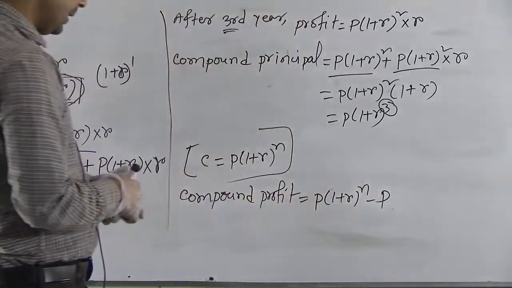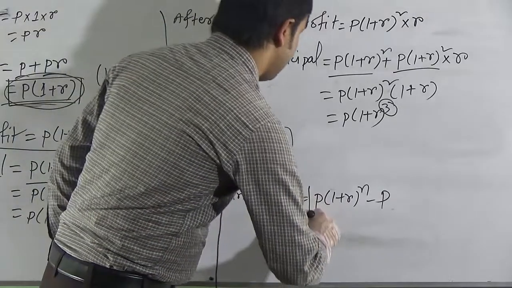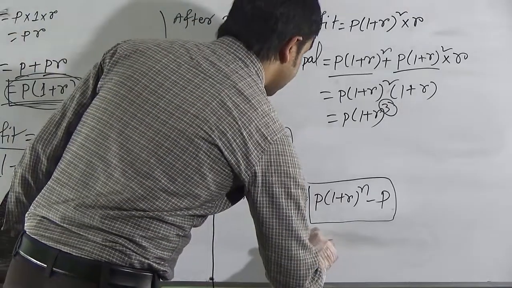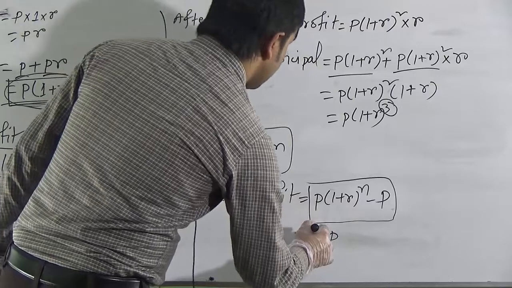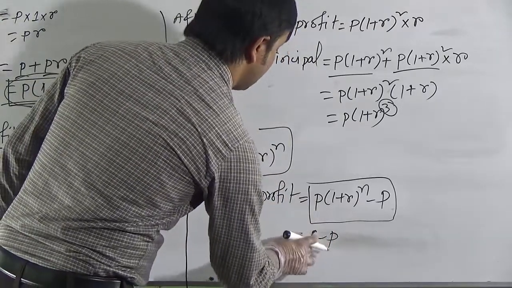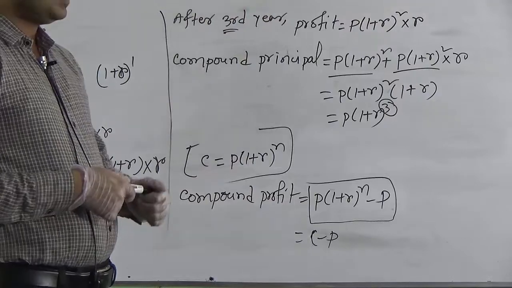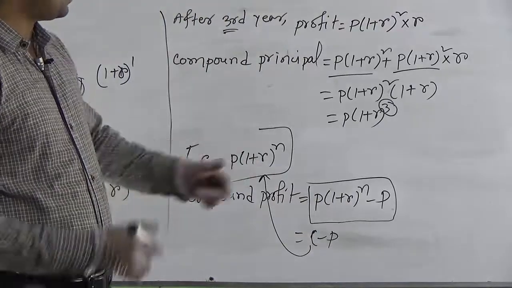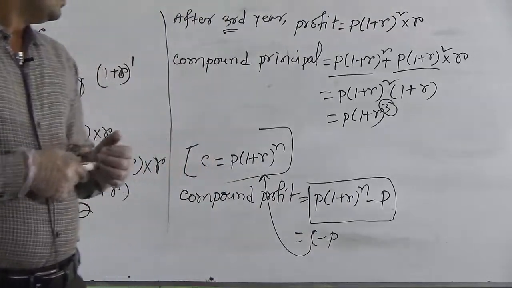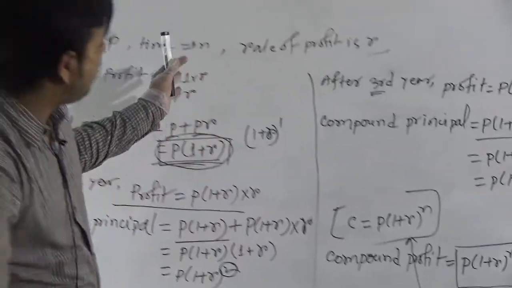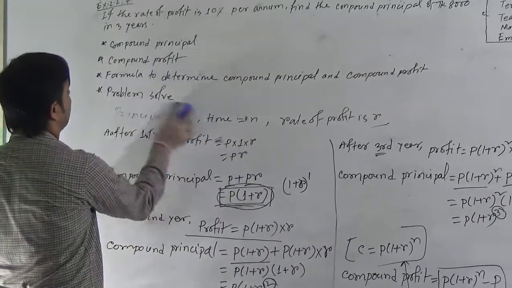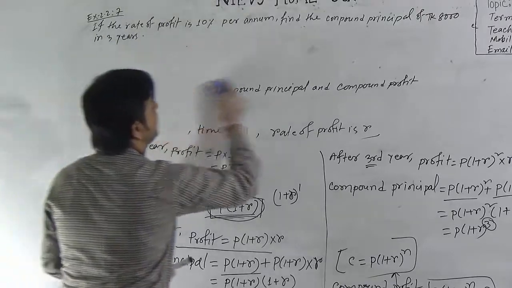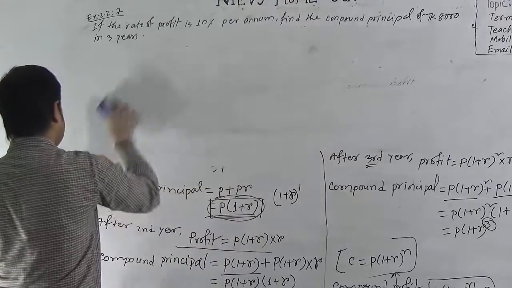This is our formula for compound profit. In short, we can write this C minus P, as I have denoted C as the compound principal, that is P into 1 plus R whole to the power n. Dear students, hope that all of you have understood the discussion of formula. Now I will solve a problem related to this compound principal and profit.